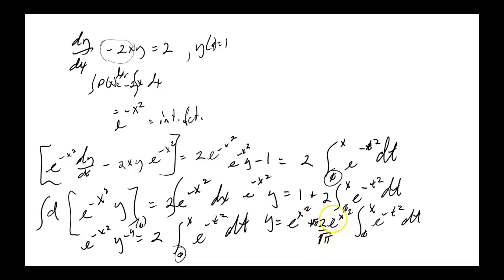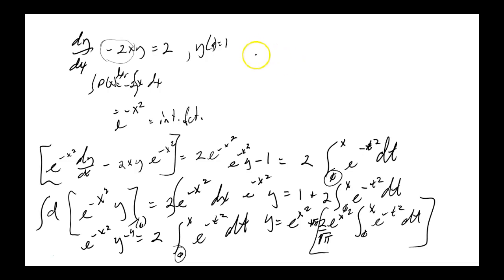Okay, this part here gives you the error function, and the other part, you just get the root pi times the error function, okay, which is enough to drive you nuts.